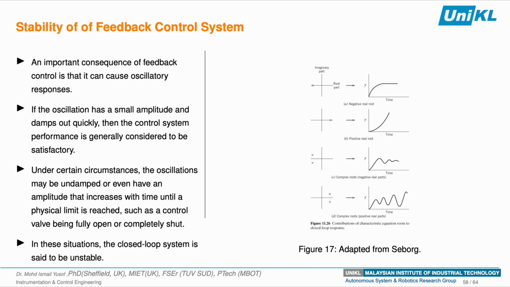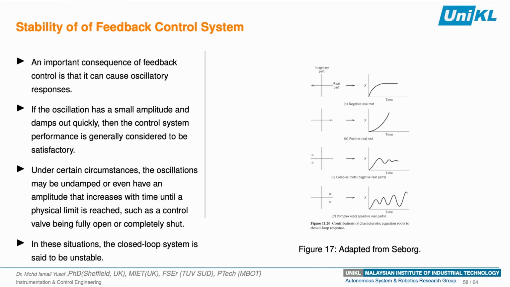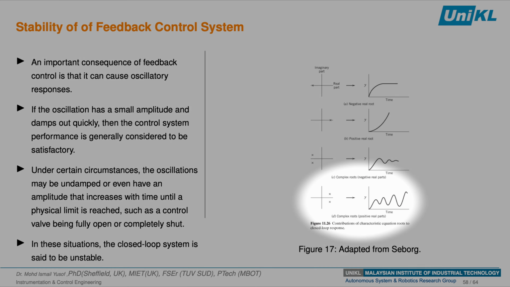In actual engineering application, if the oscillation has a small amplitude and damps out quickly, then the control system performance is generally considered to be satisfactory. Under certain circumstances, the oscillation may be undamped or even have amplitude that increases with time until a physical limit is reached, such as control valve being fully open or completely shut. In this situation, the closed-loop system is said to be unstable.